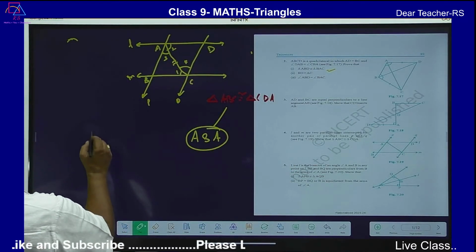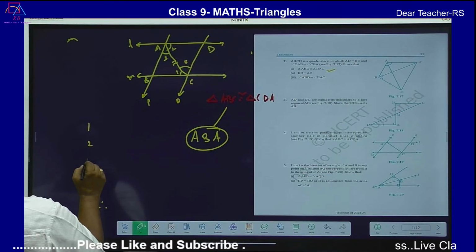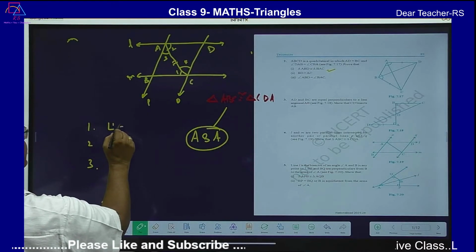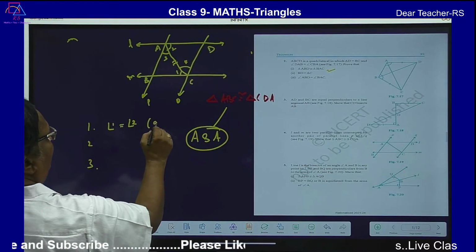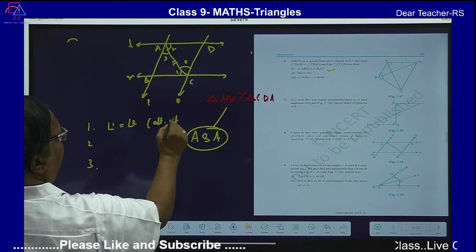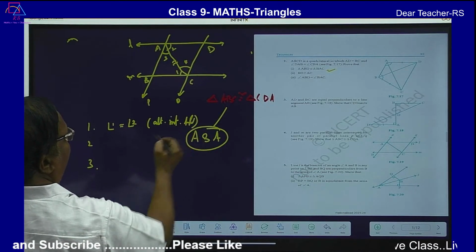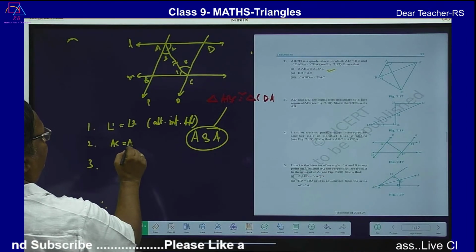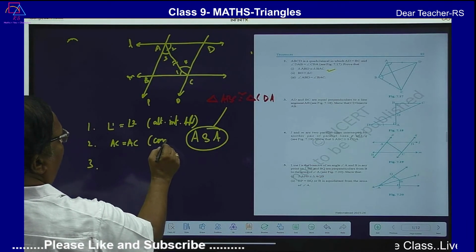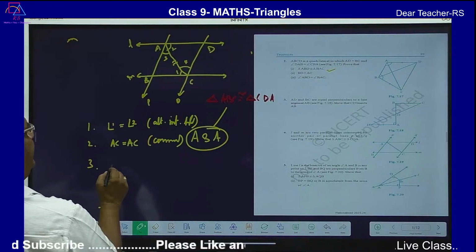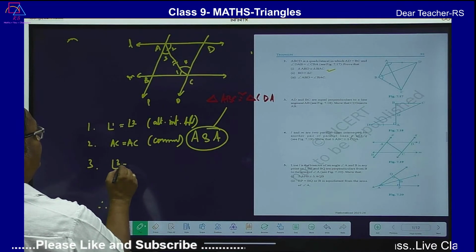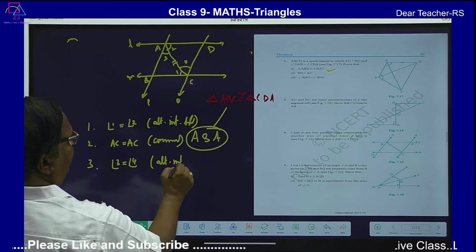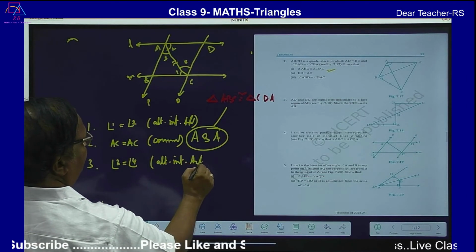Okay, so actually first, second, third. You can write first angle 1 is equal to angle 2, alternate interior angles, and second AC is equal to AC, common, and third angle 3 is equal to angle 4, again alternate interior angles.